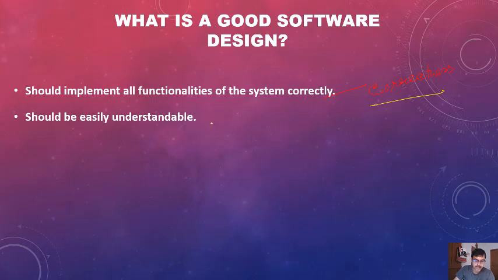The next characteristic is understandability. A design that is easy to understand is also easy to develop, easy to maintain, and easy to change.